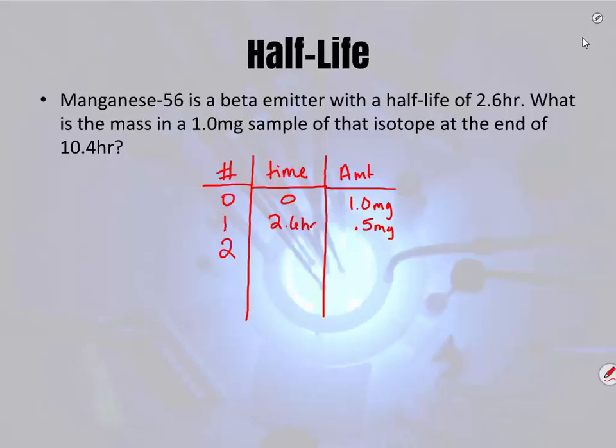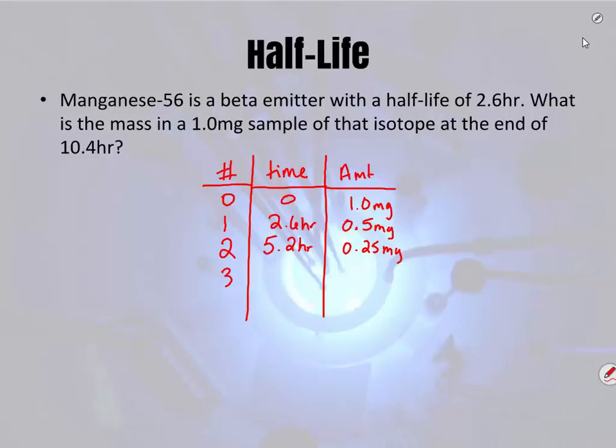So for 2 half-lives, I'm going to add another 2.6. 2.6 plus 2.6, and we get 5.2 hours. And I'm going to cut my sample in half, so 0.25 milligrams. I'm still not at the right time, so I've got to get to 10.4.